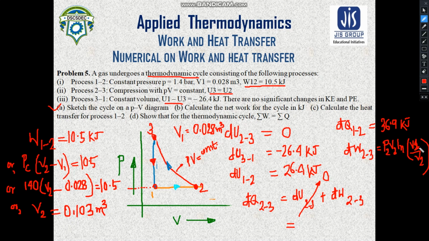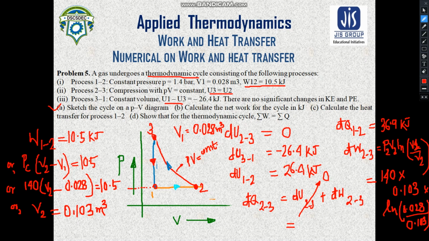You know P2 as 140, you know V2 as 0.103, and you need to do a logarithm of ln 0.028 divided by 0.103.